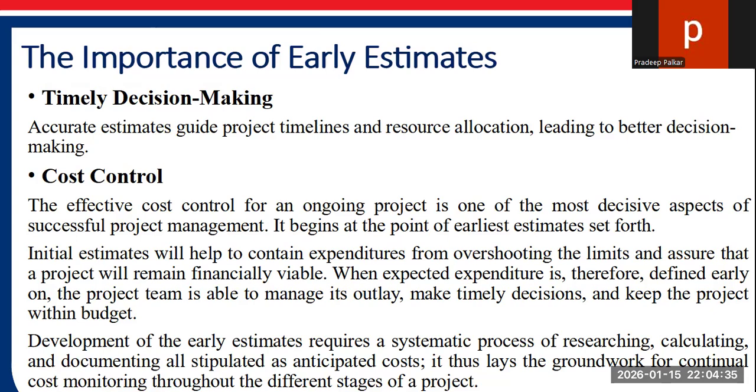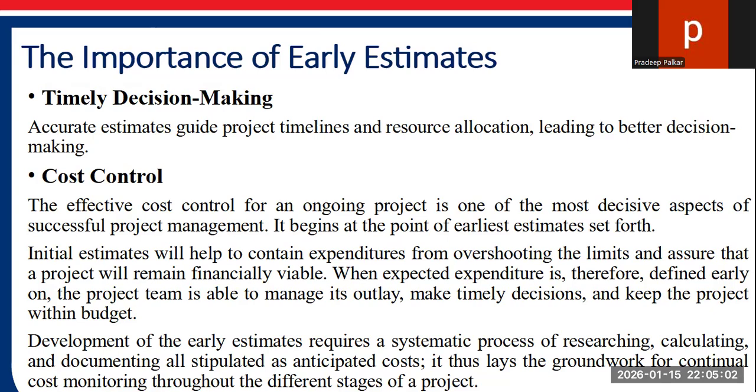What about cost control? Effective cost control for an ongoing project is one of the most decisive aspects of successful project management. It begins at the point where the earliest estimate is set forth.